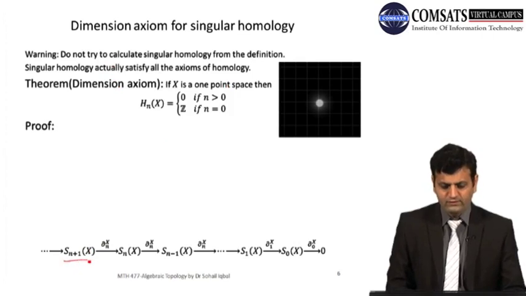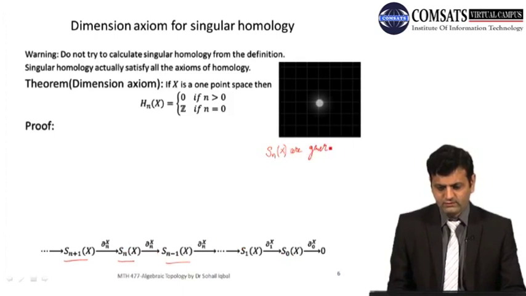What do we have so far? We have these free abelian groups, S_{n+1}(X) and S_n(X). So what are these free abelian groups? These free abelian groups are generated by singular n simplices.